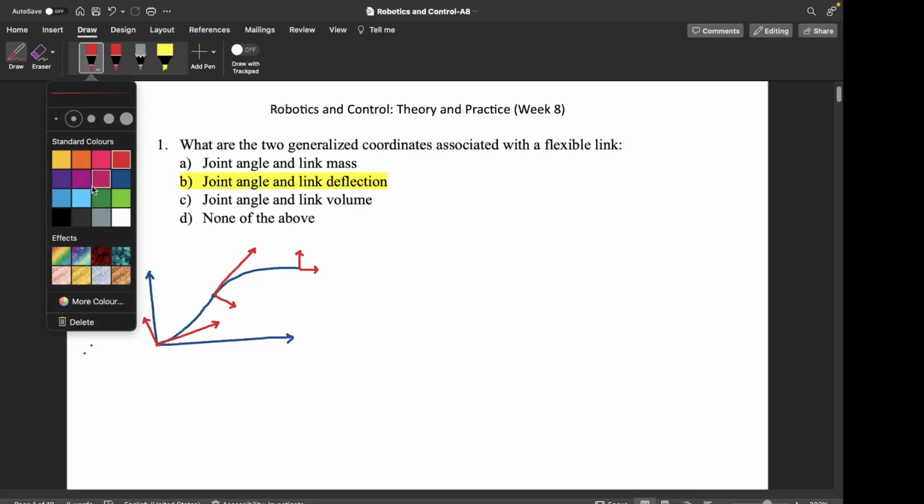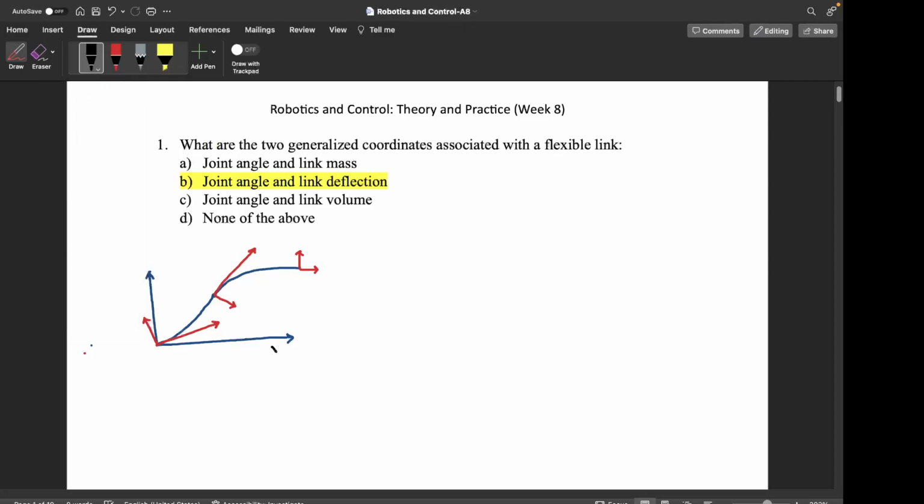We can mark certain quantities which are useful. Let's first name the frames. This is x0, y0, y1, x1, y2, x2, y3, x3, right?